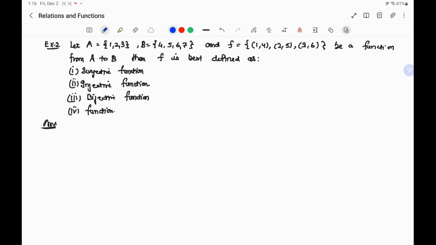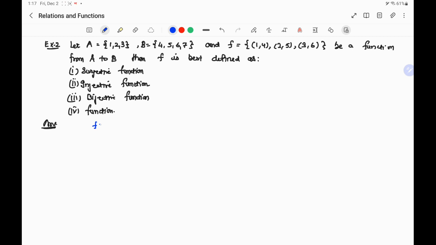Second example is, let set A be {1, 2, 3} and set B have the elements 4, 5, 6, 7 and the function is {(1, 4), (2, 5), (3, 6)} from A to B, then f is best defined as a surjective function, injective function, bijective function or not a function.